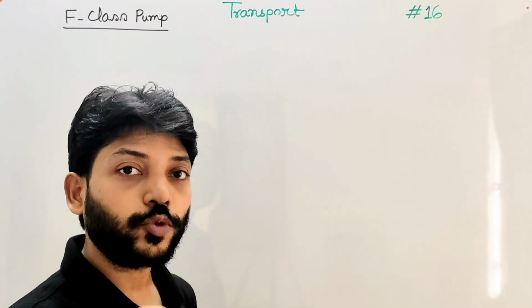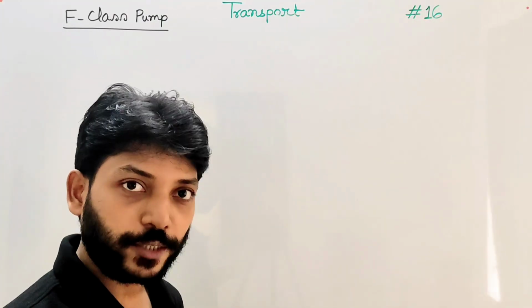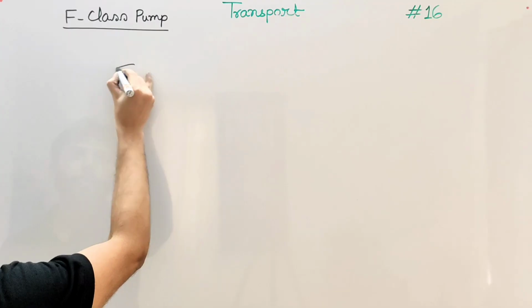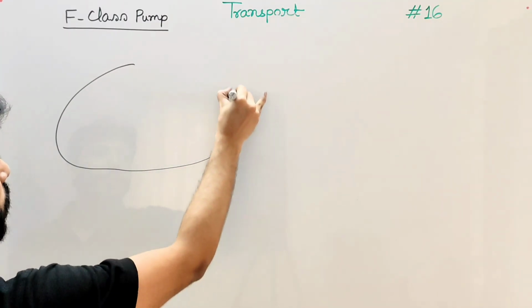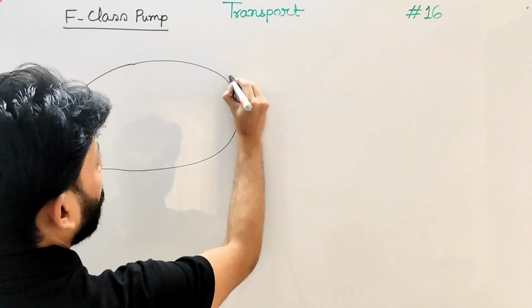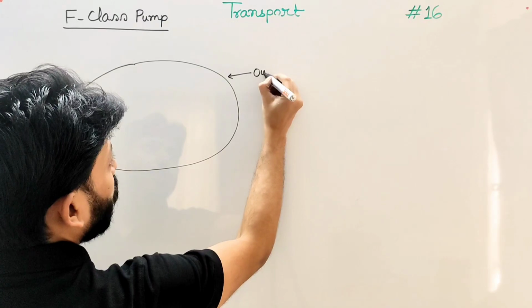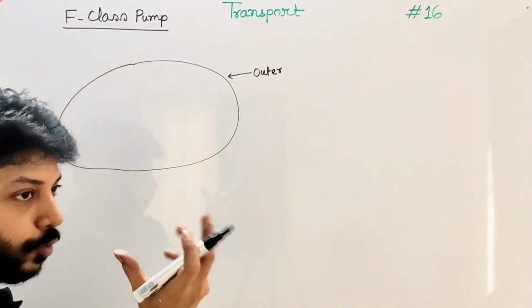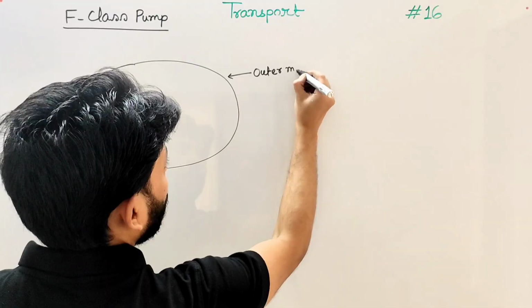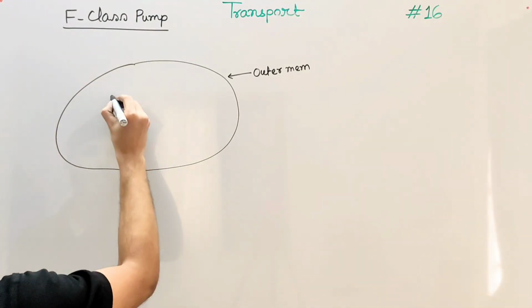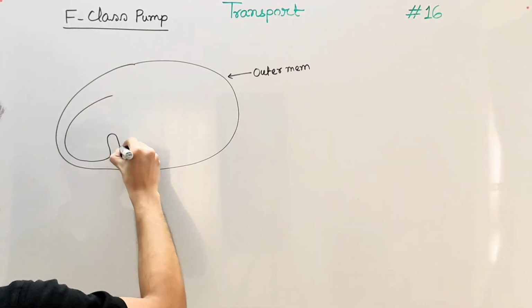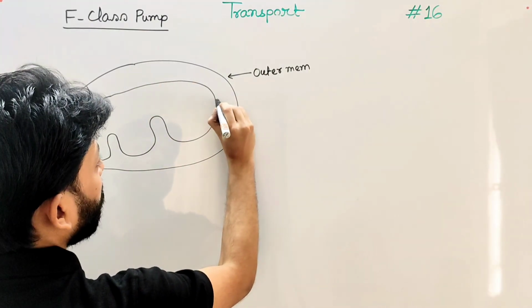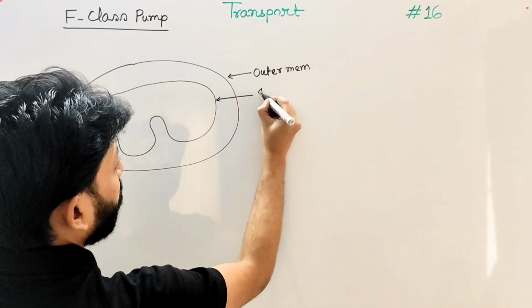I will explain here this fifth point. So I will give you two examples, one of F class pump and one of V class pump. For the F class pump, I will draw the mitochondria. Suppose this is the mitochondria and this is the outer membrane of the mitochondria. The mitochondria contain two membranes that surround the mitochondria. So this is the outer membrane, and there is an inner membrane also present.